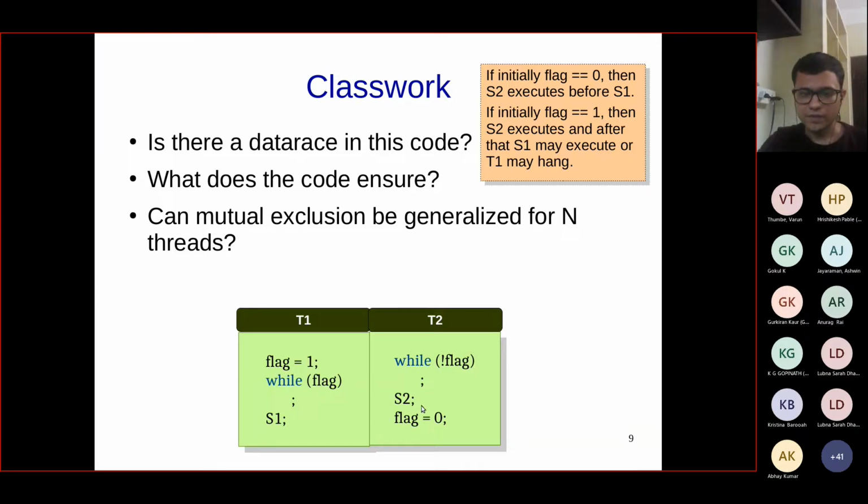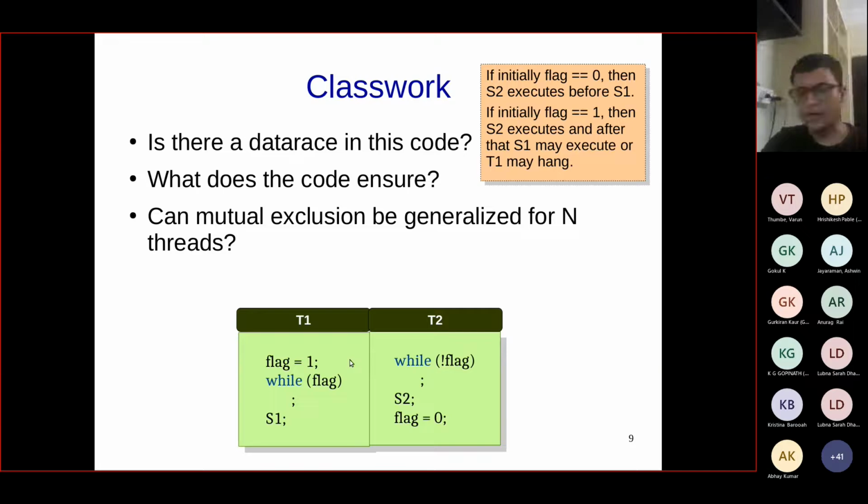Now, let's say that flag was set to 0, and then T2 finished its execution. Now, thread 1 came, it started executing, it made flag 1. Now, since flag is 1, while of 1 is true, and it will keep on infinitely looping here. So thread 1 might hang because thread 2 has already finished its execution of this statement, and flag will never become 0 after setting it to 1 here by thread 1, and here thread 1 will keep on looping infinitely.